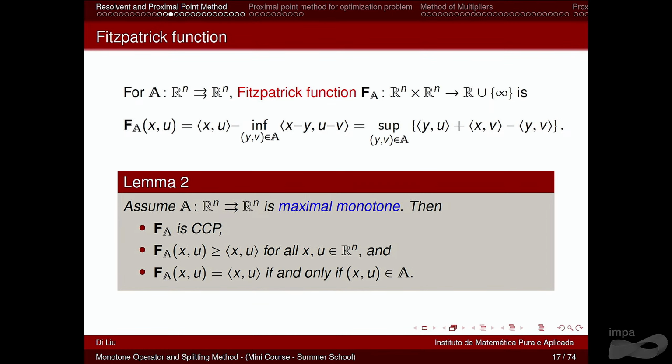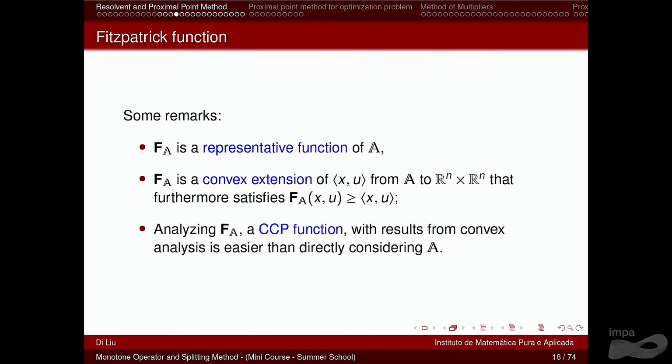So first we check the proof of this lemma 2. We have some remarks. First, it is a representative function of A, and second, this function is a convex extension. Actually, it is not only a convex extension of the inner product from A to the whole space, it is also an upper bound of the inner product.